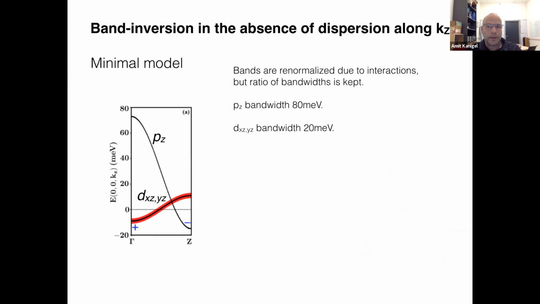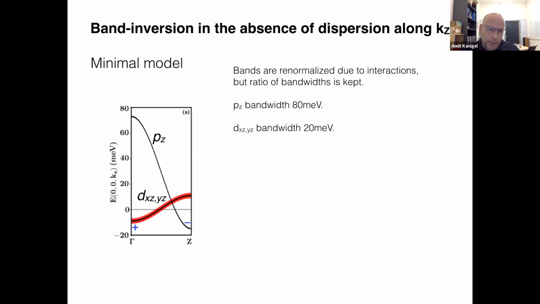Tamagna composed a very nice tight-binding model, which is supposed to be the minimal model to see these effects. We basically keep 3 orbitals, the pz and the dxy, xz, yz orbitals, and we start from a renormalized bandwidth, which we assume is due to interactions.